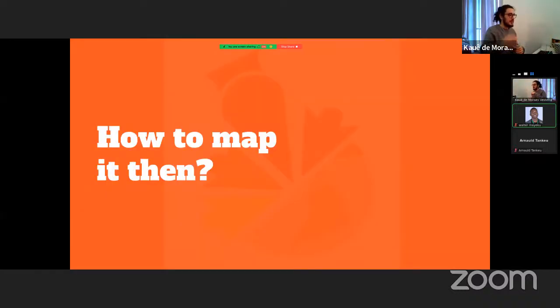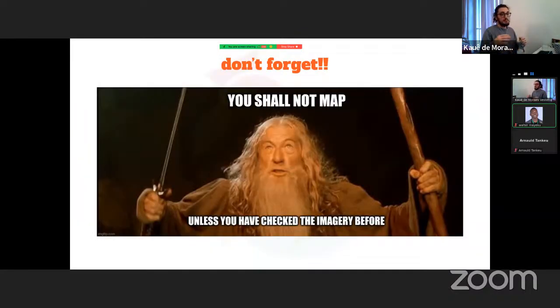So then how do we map this infrastructure? Don't forget the words of the wise. They would say, "You shall not map unless you have checked the imagery before."